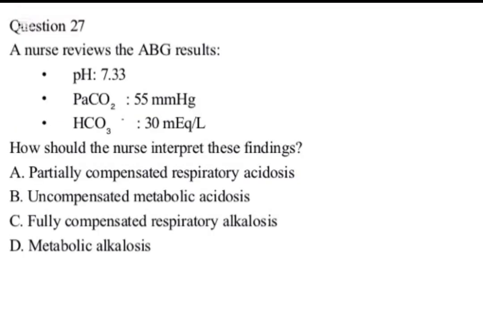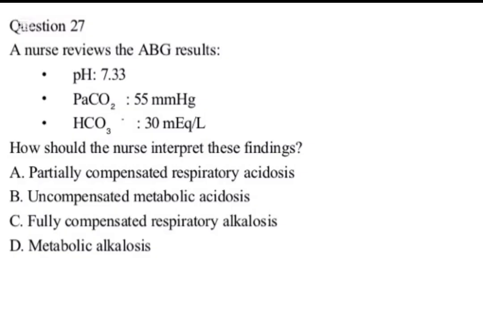Question 27. A nurse reviews the ABG results. pH, 7.33. PaCO2, 55 mm of mercury. HCO3, 30 milliequivalent/L. How should the nurse interpret these findings? A. Partially compensated respiratory acidosis. B. Uncompensated metabolic acidosis.